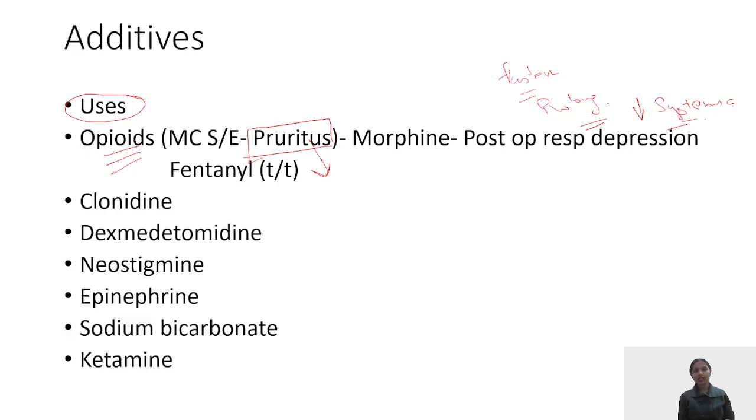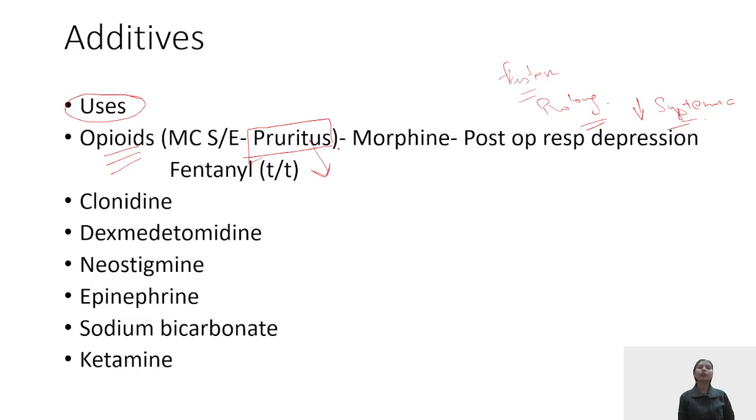Both can be used without any effect on its main action of analgesia. Naloxone does not decrease the analgesic action of your opioids. Okay, it is an antidote, but the analgesic effect is maintained. So pruritus is the most common complication of intrathecally introduced opioid.